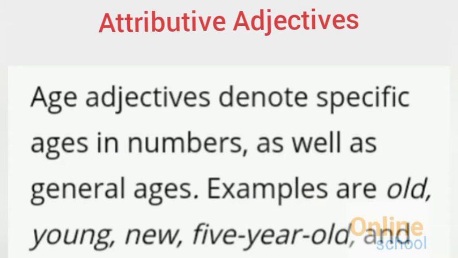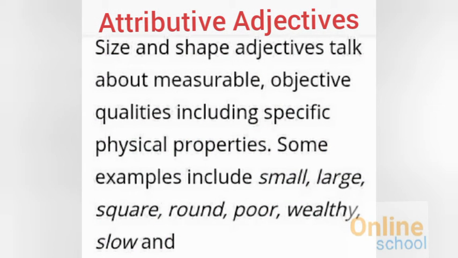Age adjectives denote specific age in number as well as general ages. Examples are old, young, new, 5 years old. Size and shape adjectives talk about measurable qualities, including specific physical properties.